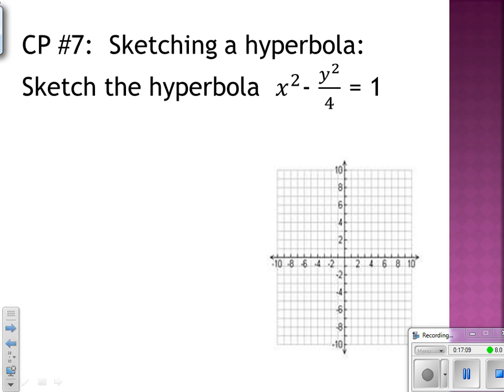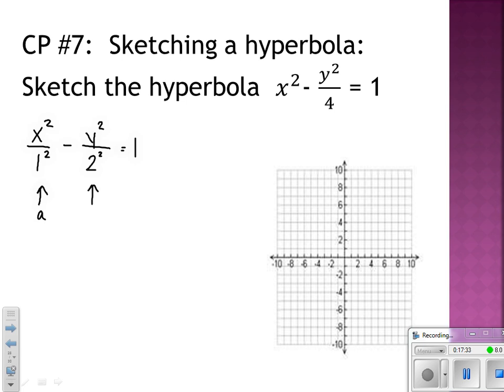Sketching this one then. Checkpoint number 7. I'm just going to rewrite this a little bit so that I'm actually seeing a denominator under my x squared as well. I'm going to rewrite that 4 as a 2 squared. Now in a hyperbola, remember, this first term is always your a. That never swaps.